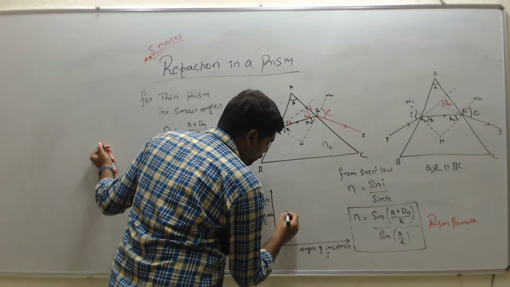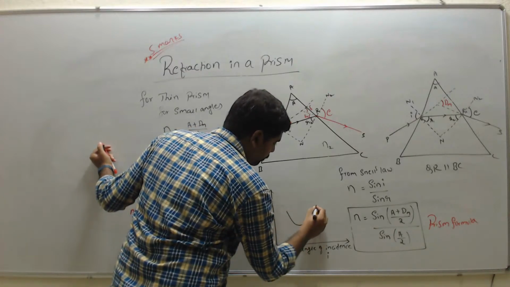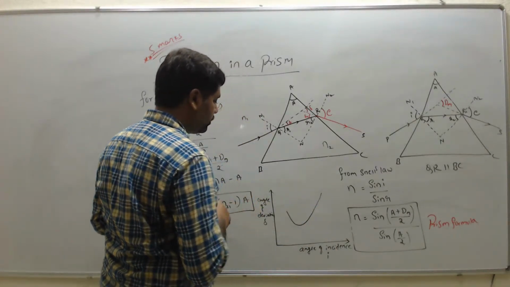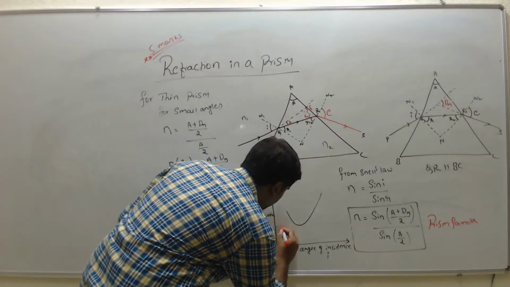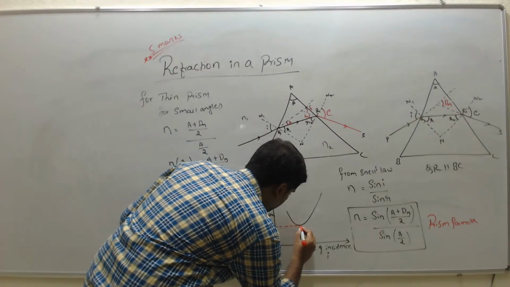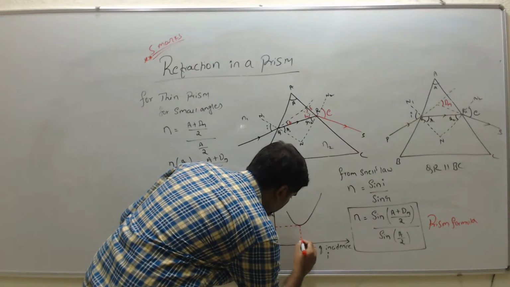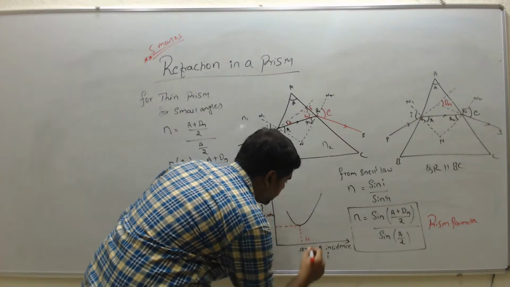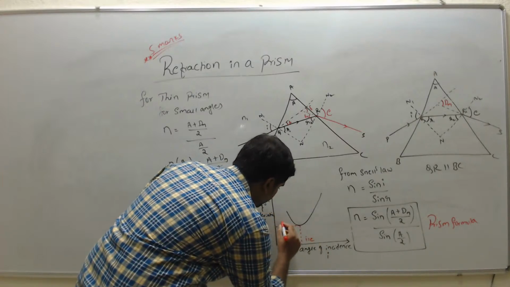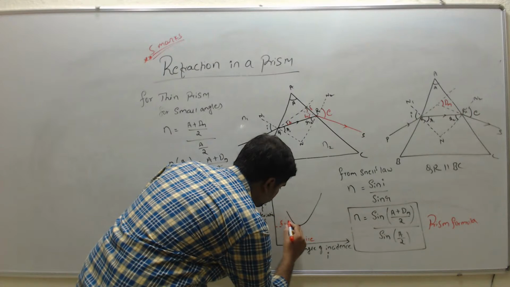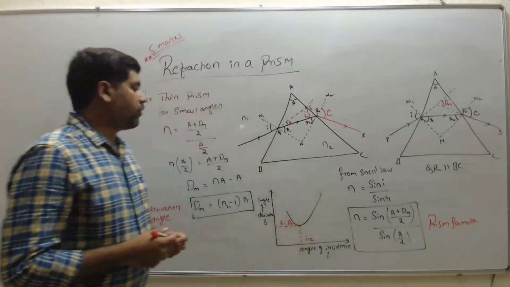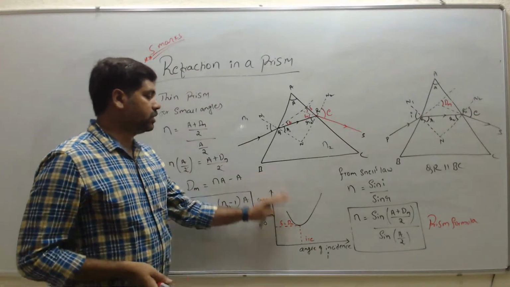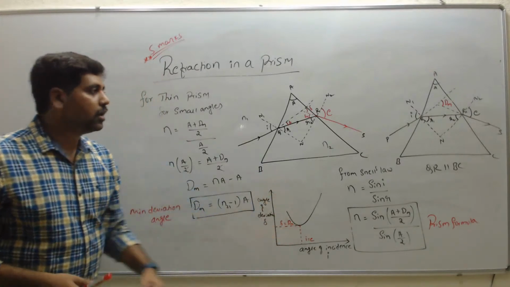If you plot the graph, we get a curve like this. At this point, angle of incidence I is equal to angle of emergence, and here delta is equal to Dm. So after the derivation, we have to plot the graph like this. Then only the derivation will be complete.